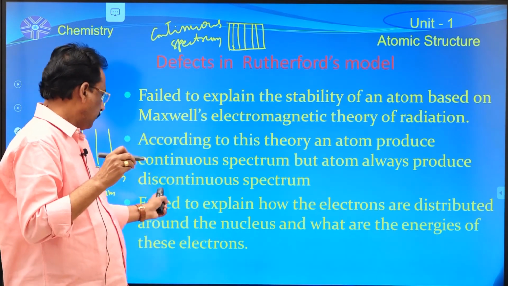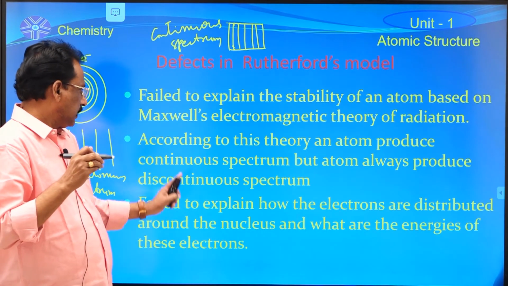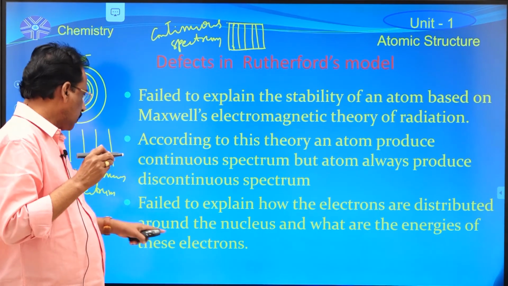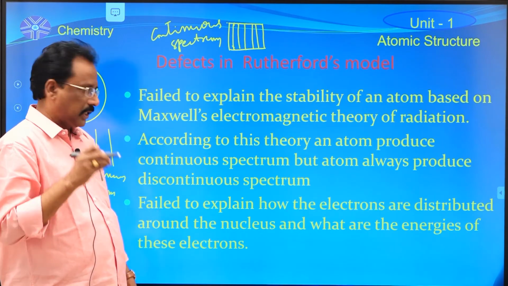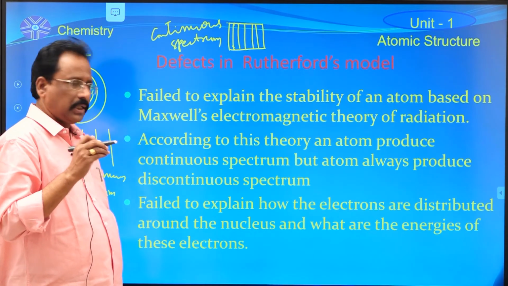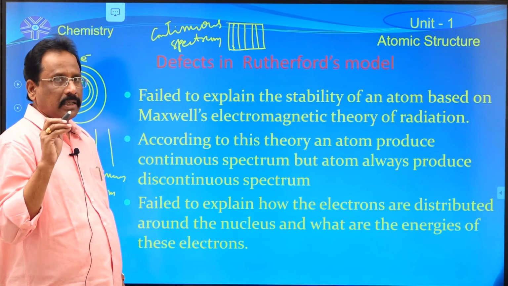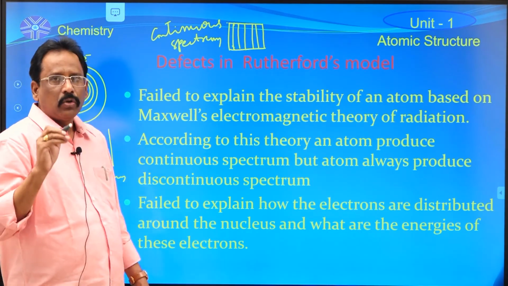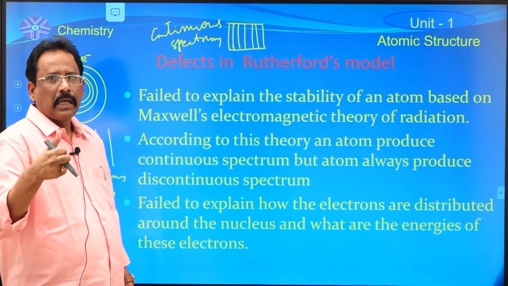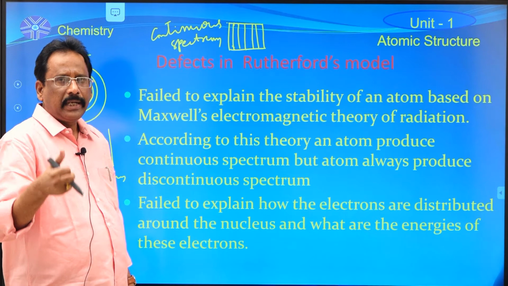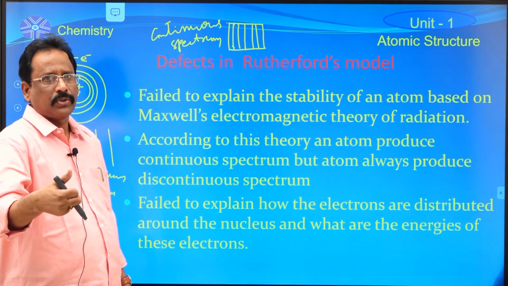And the third failure is that it failed to explain how the electrons are distributed around the nucleus and what are the energies of those electrons. So this is about Rutherford's atomic model of an atom and its failures.